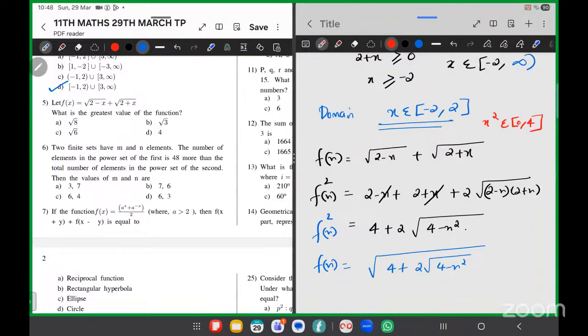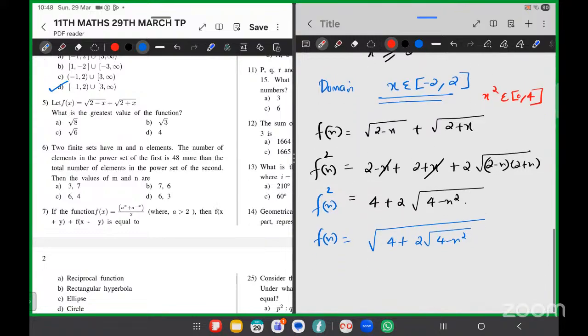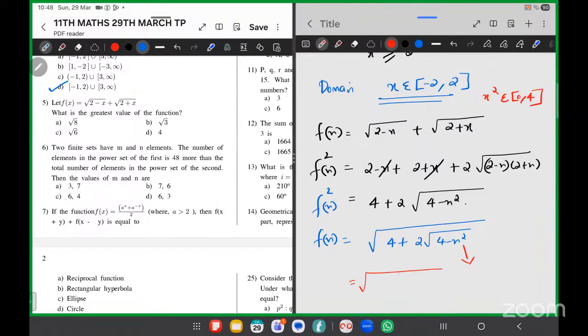If you want the maximum value of the function, x square should be minimum. The minimum value of x square is 0. So I can write 4 plus 2 into root of 4. Root of 4 is 2. So 4 plus 2 into 2, 4 plus 4, 8. So option A is the correct answer.